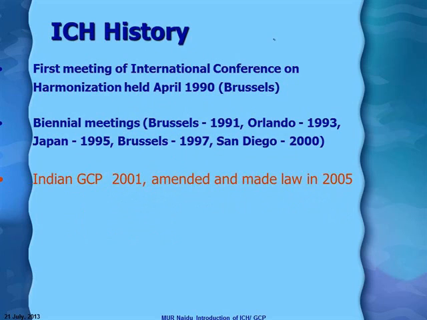The first meeting of the International Conference on Harmonization was held in Brussels in April 1990. Then subsequently there were biennial meetings held in different places in the world. In 1991 it was held in Brussels. Orlando it was held in 1993.